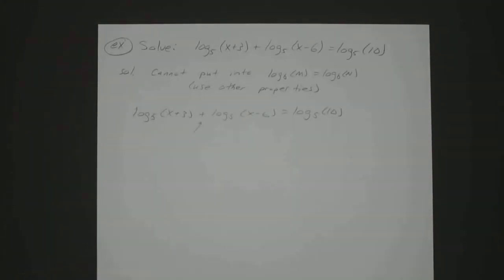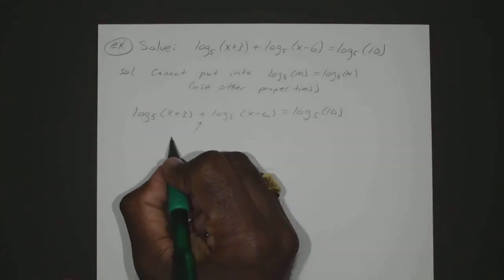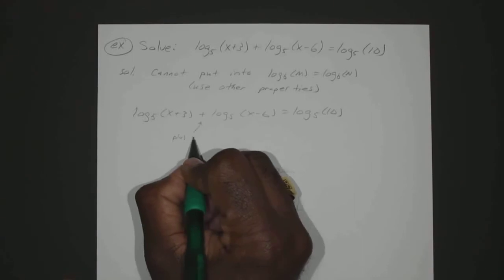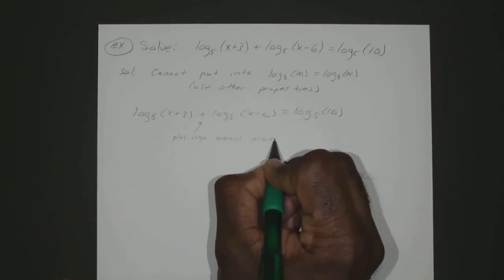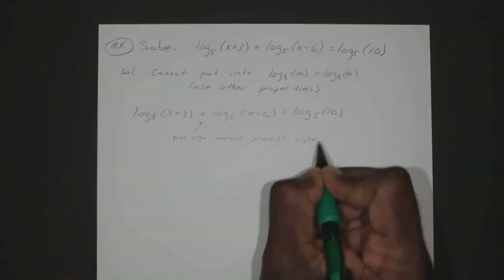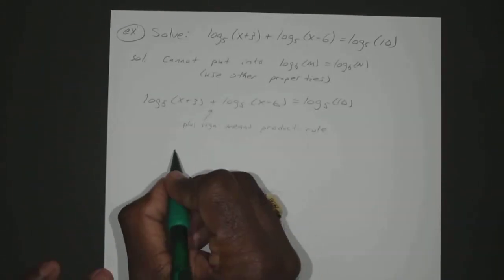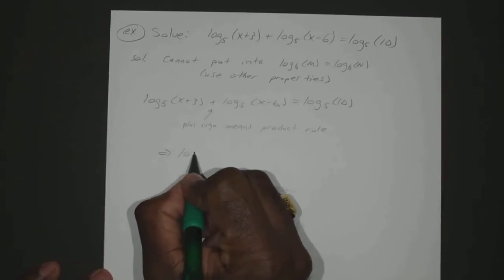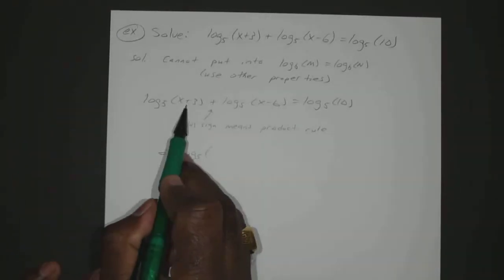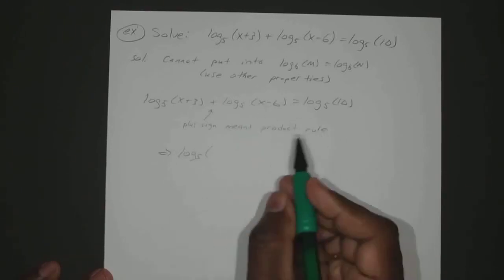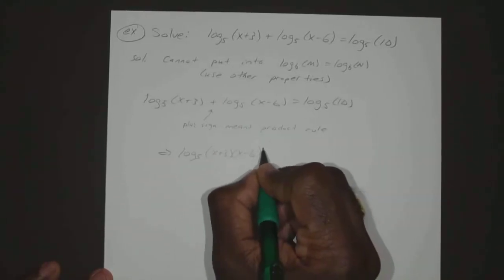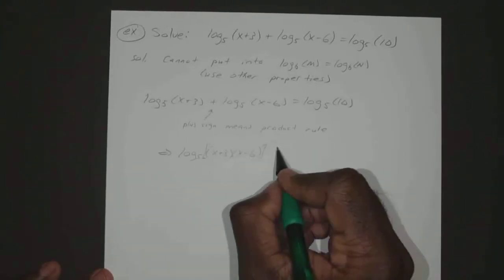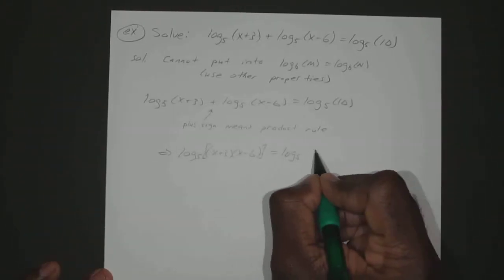Again, we have our plus sign. So you know if you have your plus sign, that's the product rule. Okay, so that means those two combine to become log base 5 of x plus 3 times x minus 6, equals log base 5 of 10.